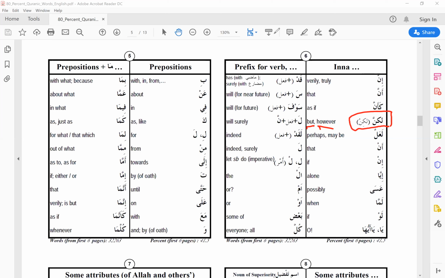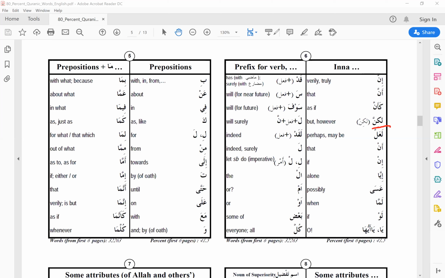The difference between but and however is that when you say lakin, you're saying however, in other words, despite all that, however, I would like to bring you, now with that argument, an explanation, and the explanation is going to be such and such.